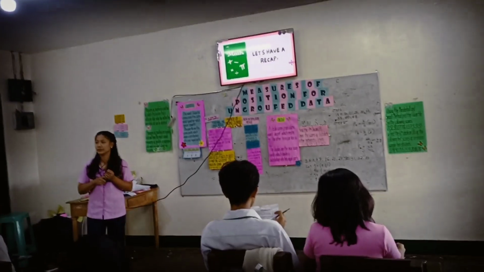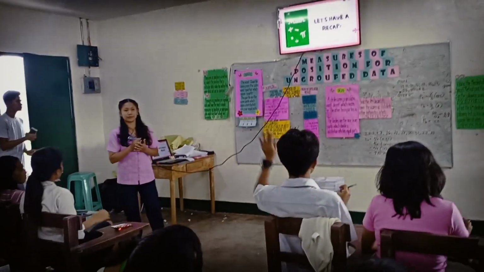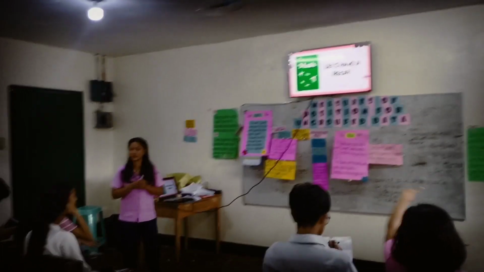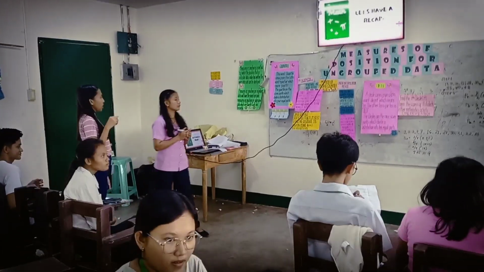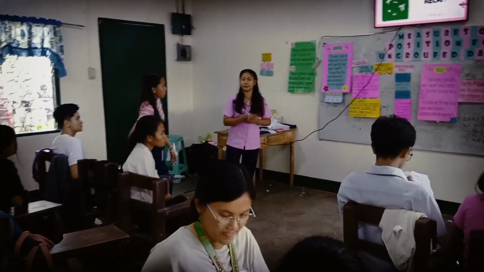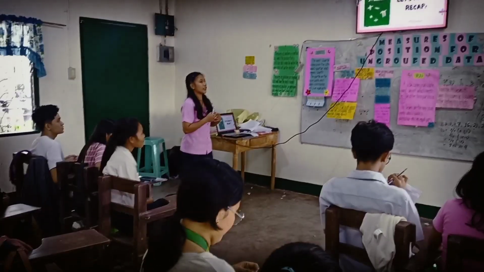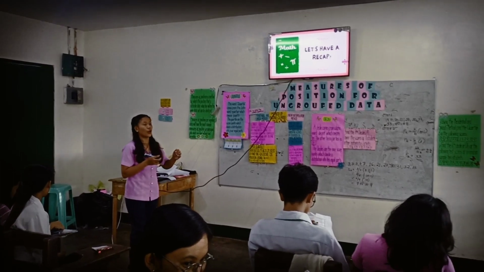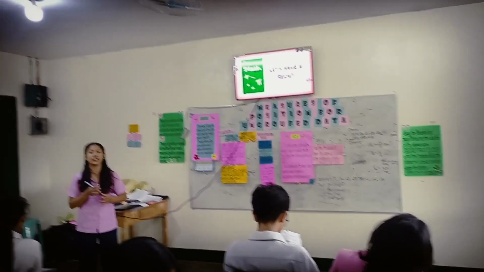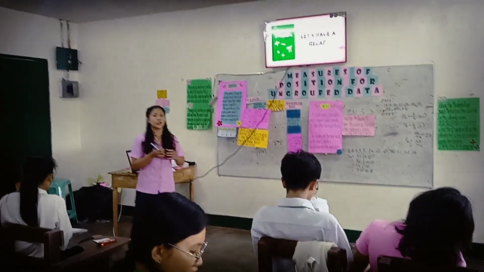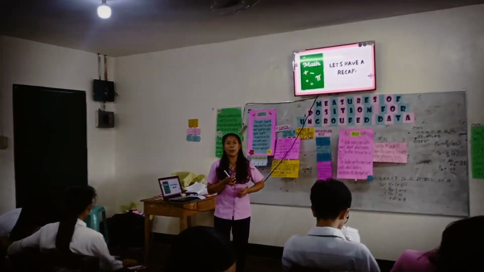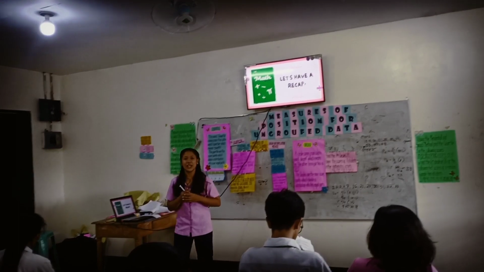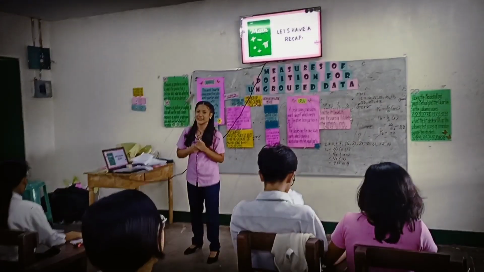Anyone? Yes, Miss Alingon? k over 10 times n plus 1. Very good, Miss Alingon. In addition, class, always remember that we should memorize the steps in the linear interpolation method so that we will come up with our final or correct answer. That's all, class. Thank you for listening.